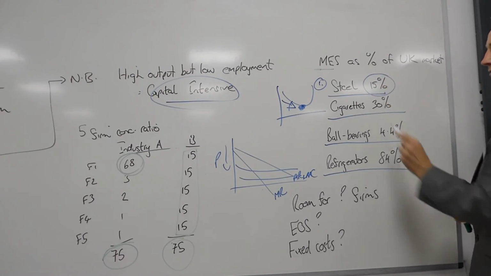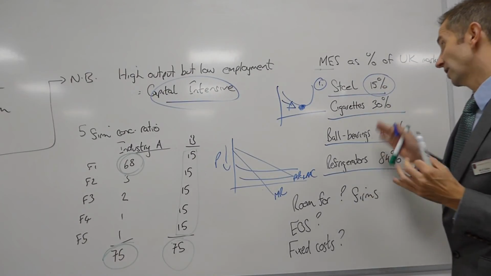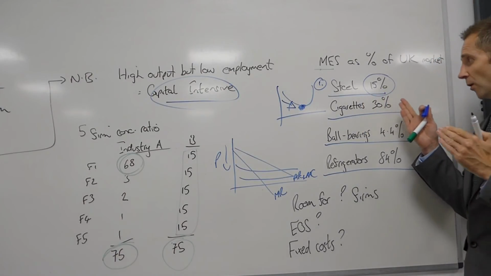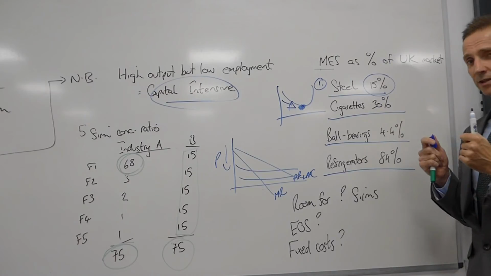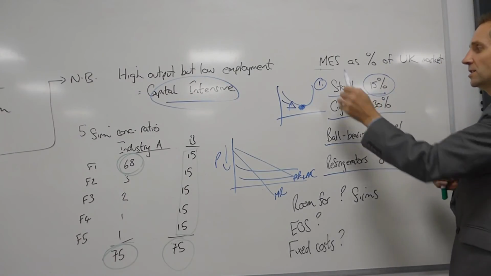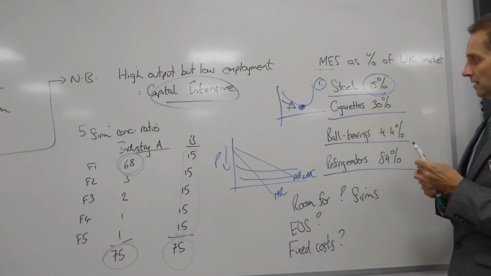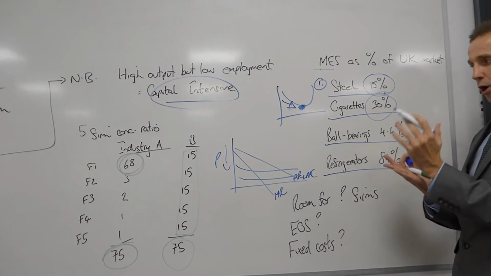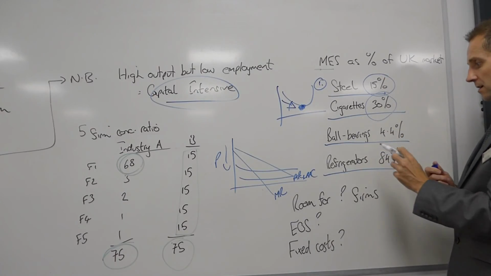This would suggest, of course, that in the case of the steel industry, there would only really be room for, what would that be, 100 divided by 15, so seven firms, giving you 95% market share. In the cigarette industry, potentially only room for 3 firms to operate at scale.